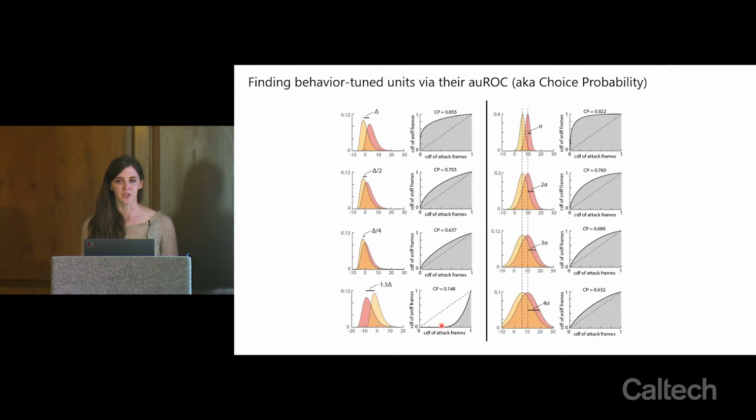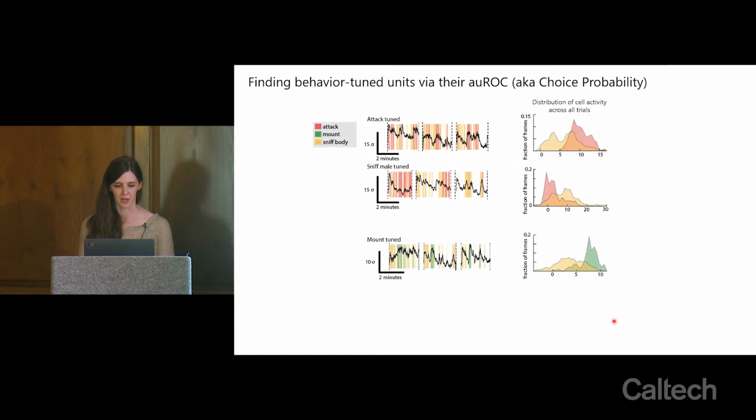It also represents the variances of the distributions. If you have the same difference between the means, but the distributions become wider, so you have more overlap, then this also decreases. So it's a measure of not just how far apart the attack response and the sniff response are, but how much variance there is to those two responses. It really is like, how reliably can you distinguish what behavior the animal's performing just based on this single neuron?